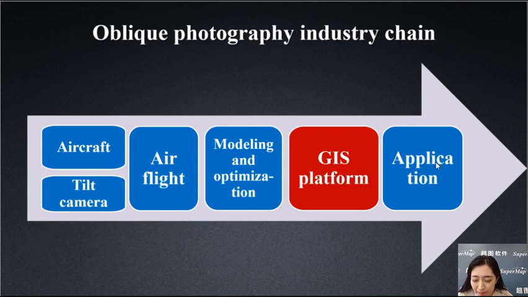Finally, there is application development based on the oblique photographic data and the 3D GIS platform. So SuperMap mainly provides the GIS basic platform.